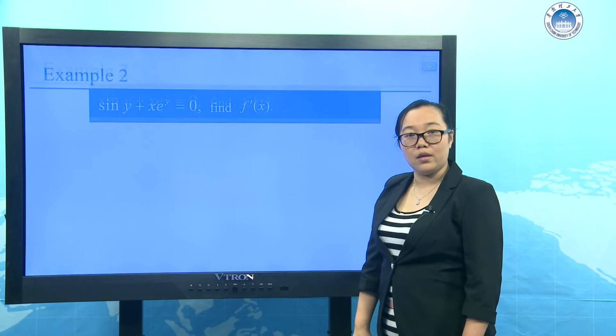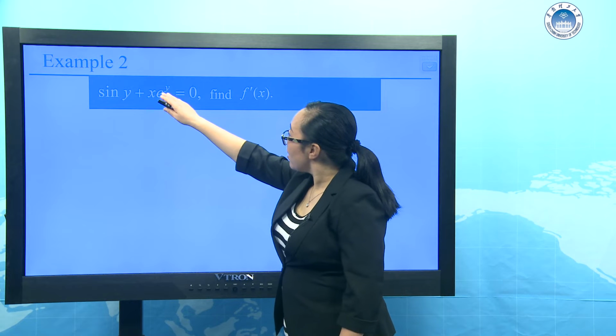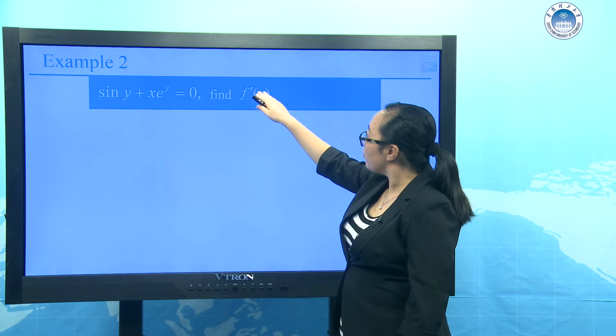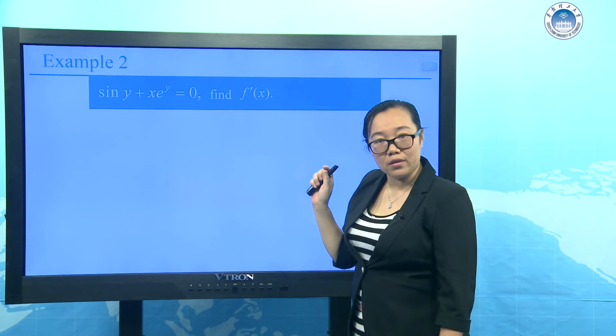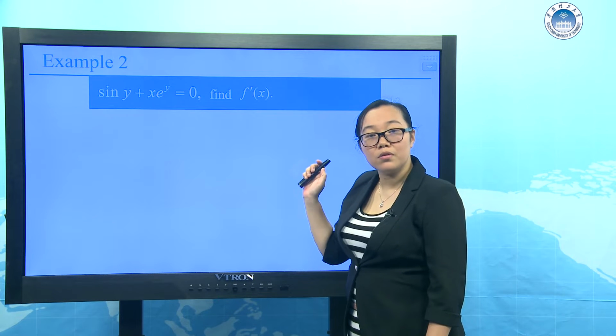Now look at example 2. Sin y plus x e to the y equals 0. Try to find y prime. How to get it? Yes, differentiate on both sides.